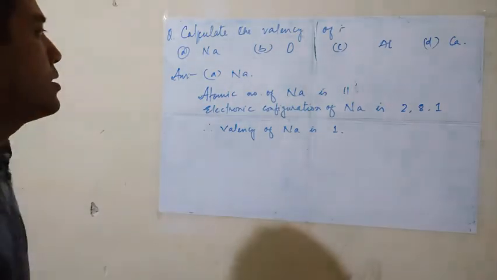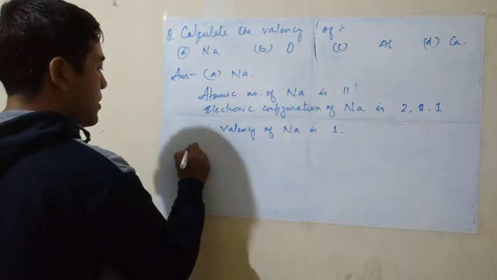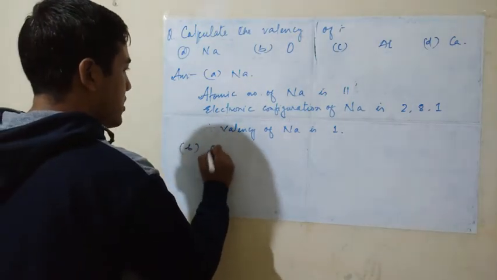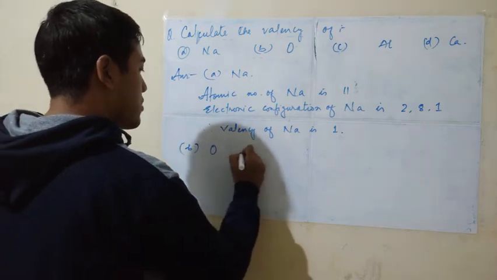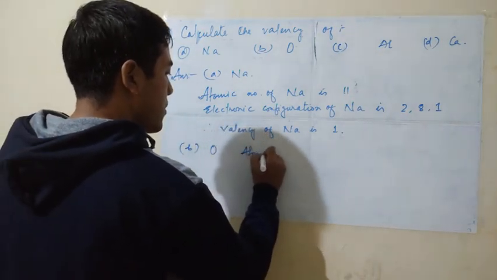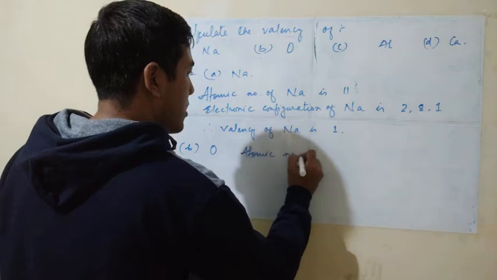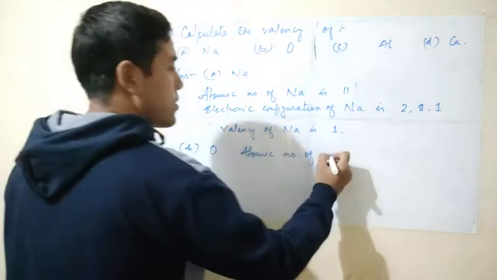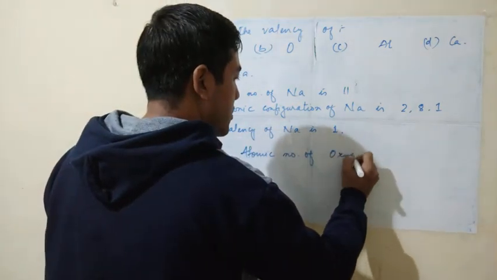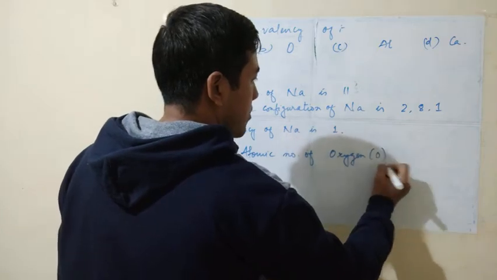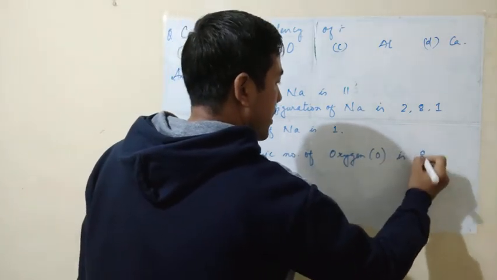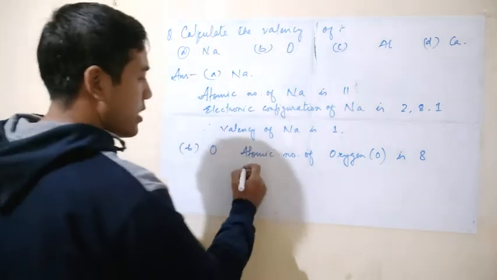Okay. Next, number B, oxygen. In here also, atomic number of oxygen atom is 8, right?